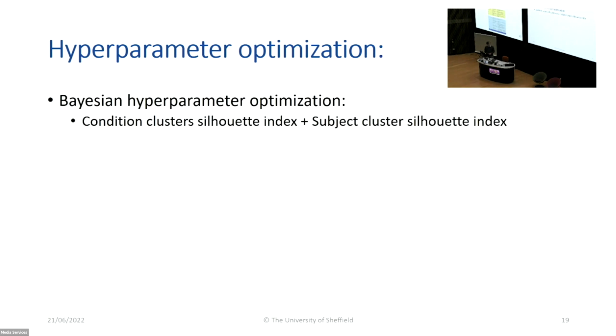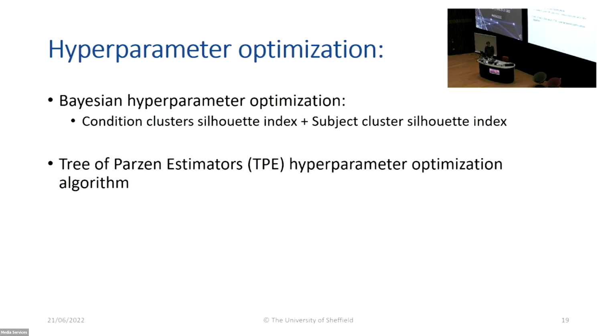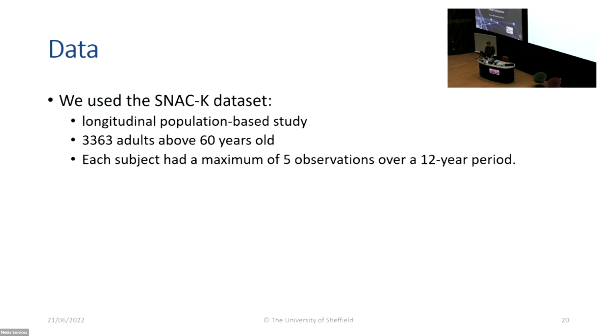The silhouette index is a measure of clustering quality. A high silhouette index means that clusters are well separated and represent distinct groups of data. A high silhouette index is good, and we aim to get high silhouette indices in both our clusterings. The Bayesian hyperparameter algorithm that we use is the tree of Parzen estimators.